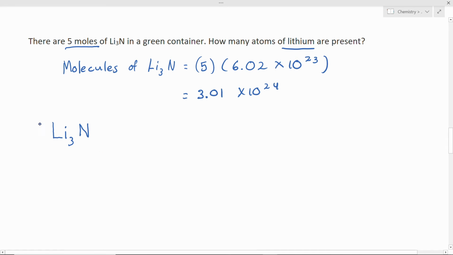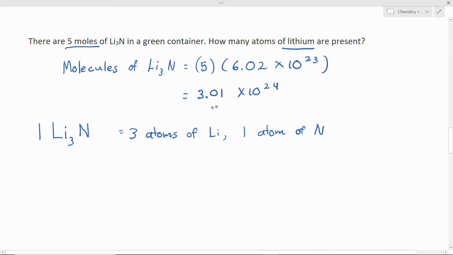And when we only have 1 molecule of lithium nitride, we have 3 atoms of lithium and 1 atom of nitrogen.